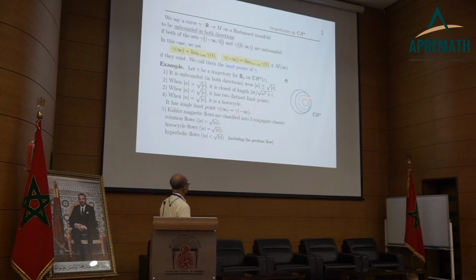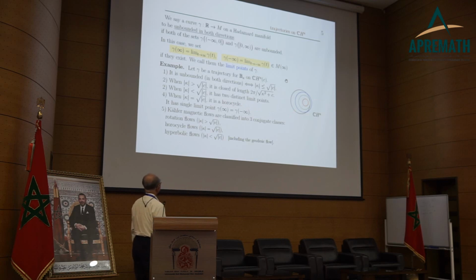The blue one is the case when kappa, the second case, oh, this is the third, sorry. And when equality holds, this green one, it has a single limit point. It is said to be a horocycle.